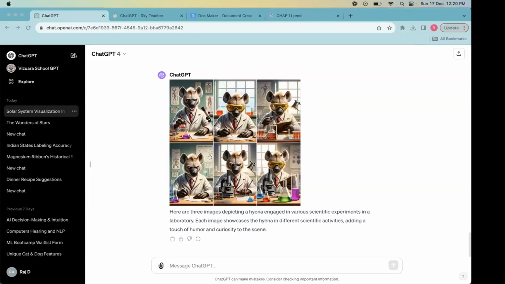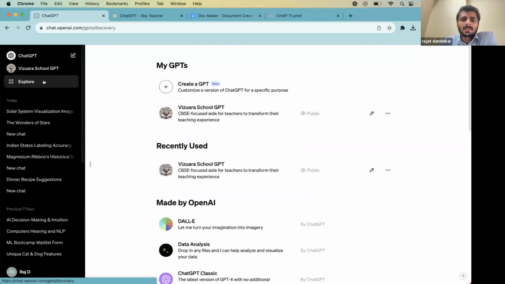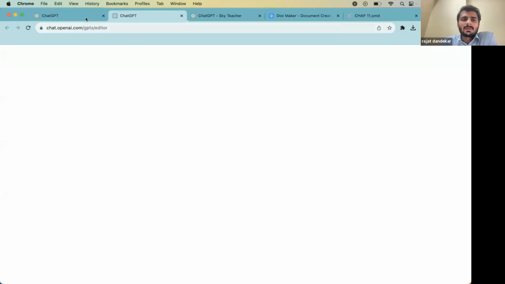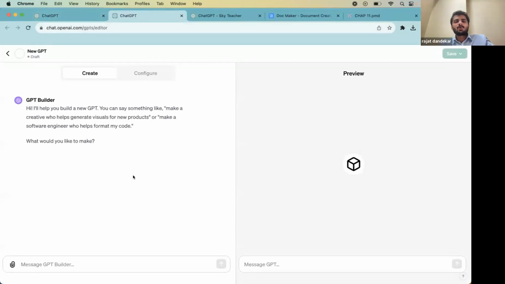Yes, let me quickly go through it in two to three minutes. There is this option of Explore, and when you click Explore, there is an option of Create a GPT. Then you have to go through all these questions.